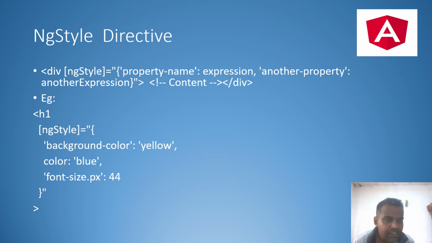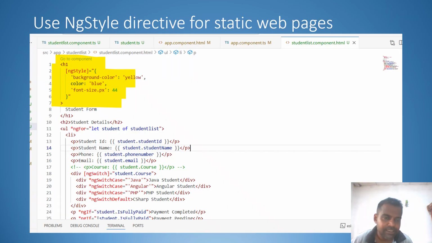Here you can see in the example there's an h1 element, in this the style is background color yellow, color blue, color means foreground color, font size is 44. Here in the code you can see the ngStyle code is highlighted.